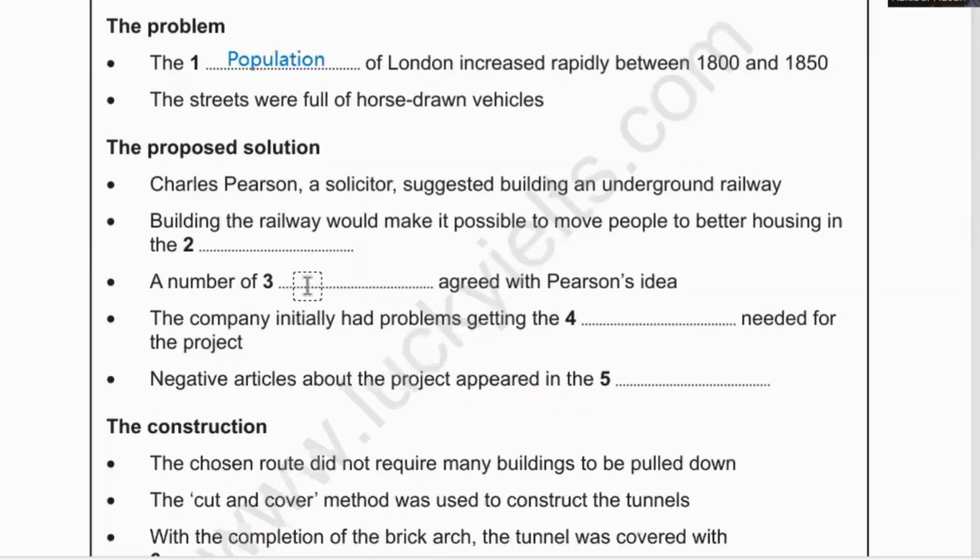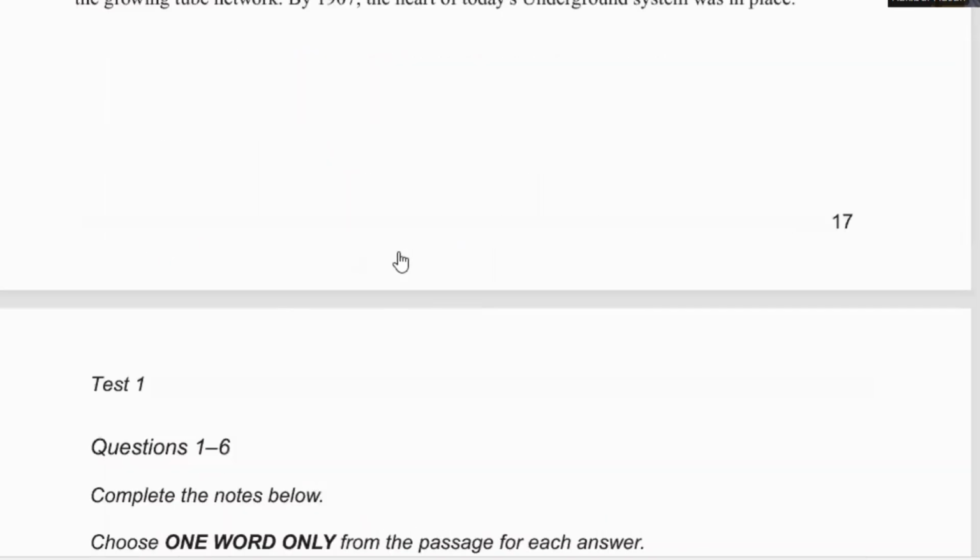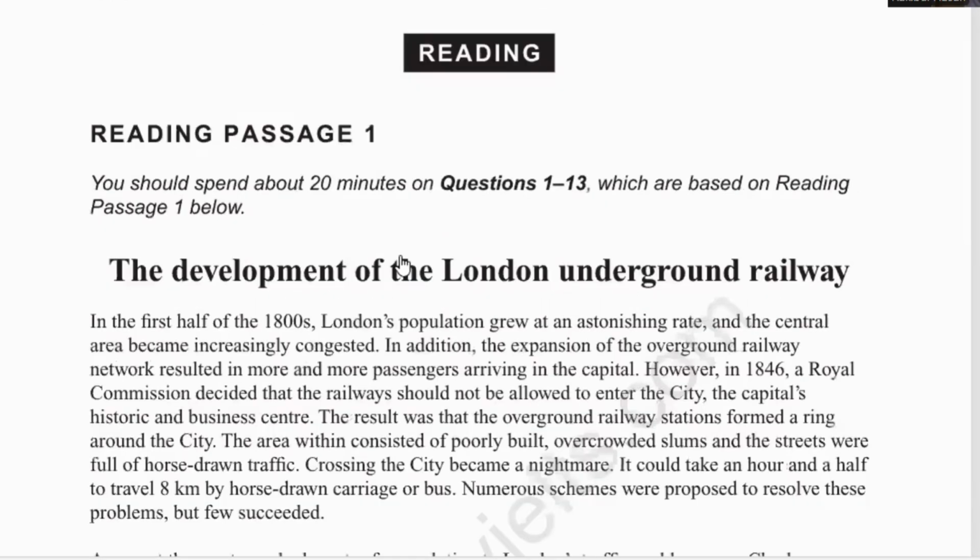Let's know about the second one, the proposed solution. In question two: building the railway would make it possible to move people to better housing in the dash. Let's look at the location here.